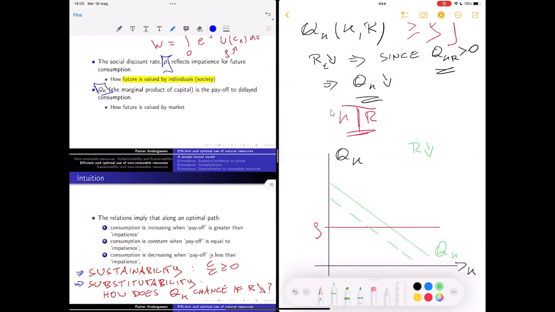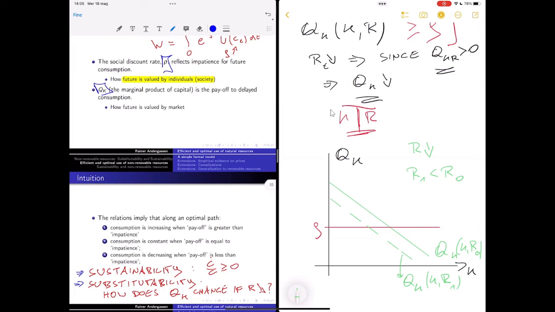Because this here is drawn for, let's say, R0. This here is drawn for R1, where R1 is lower than R0, because R is declining over time.